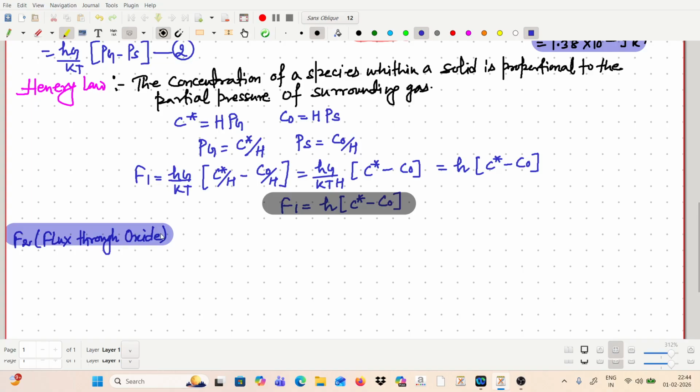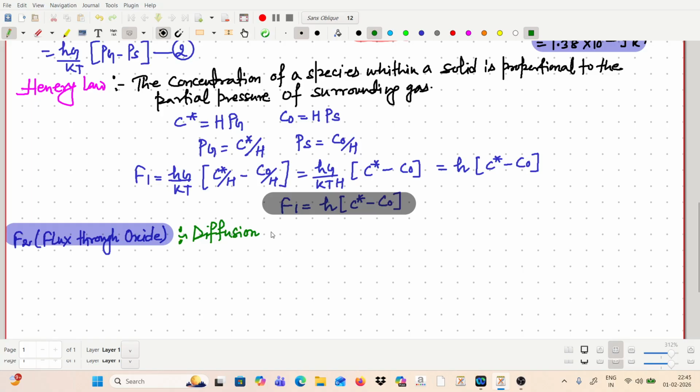I will go with full details and try to solve each and every line with full justification and full mathematics. So F2 is simply the flux through the oxide, and in this case there is diffusion. This flux is associated with diffusion, which is governed by Fick's law.